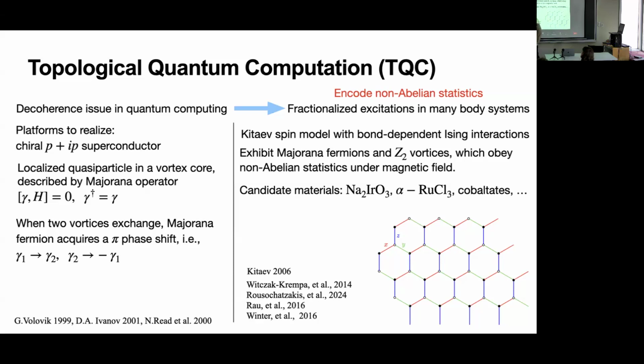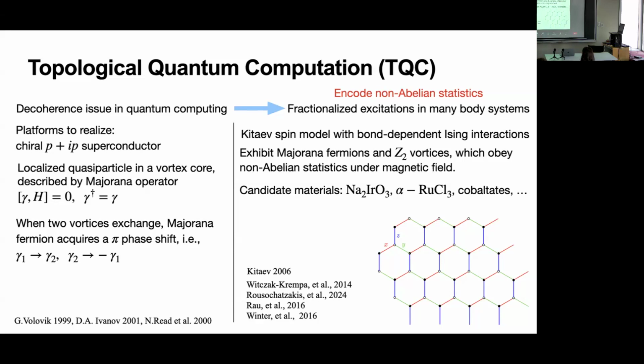Different from the ordinary fermion, it satisfies gamma dagger equals gamma, meaning its antiparticle is itself, so that there only exists one degree of freedom.